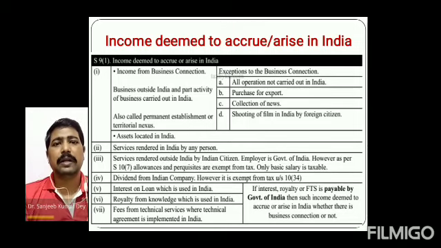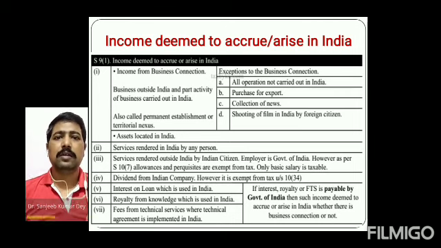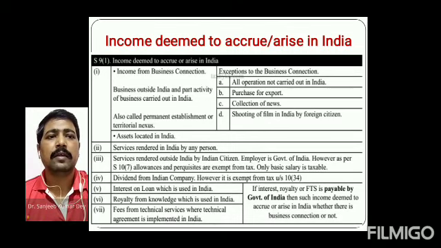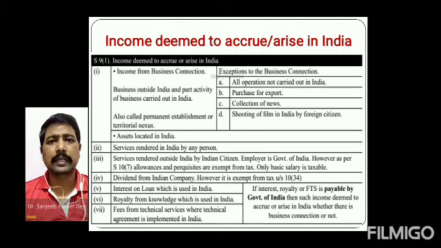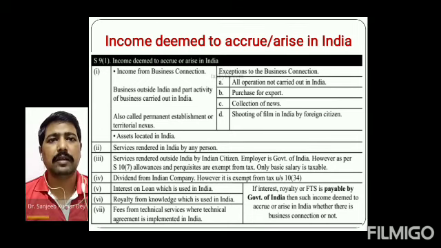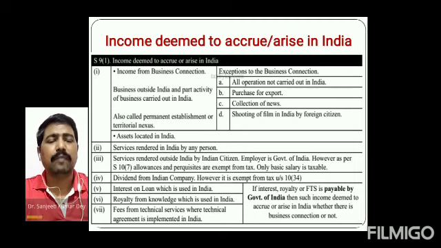If it is paid by the Government of India, then it will be deemed to accrue and arise in India. Now it is clear which income is Indian income and which is foreign income. On the basis of that, we can decide whether a particular income will be taxable in the hands of the assessee depending upon different types of residential status.